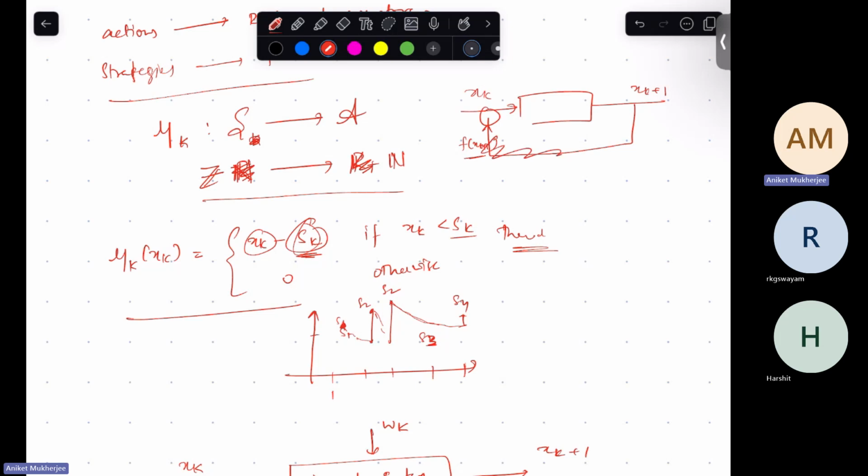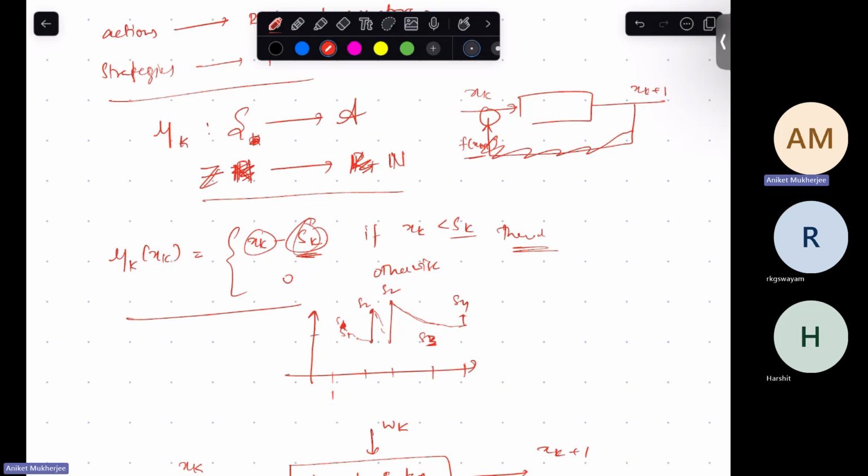If you don't have this feedback, you don't know what the states are. Then you're blind. You're saying, okay, first I do U2, I don't know what my state is. Then I do U1, I don't know what my state is. I do U3, I don't know what my state is. That is open loop. You will not do well in open loop because you don't have that feedback and you don't know where the state is going. It's better to have feedback always. So we'll always look at closed loop scenarios, not open loop.